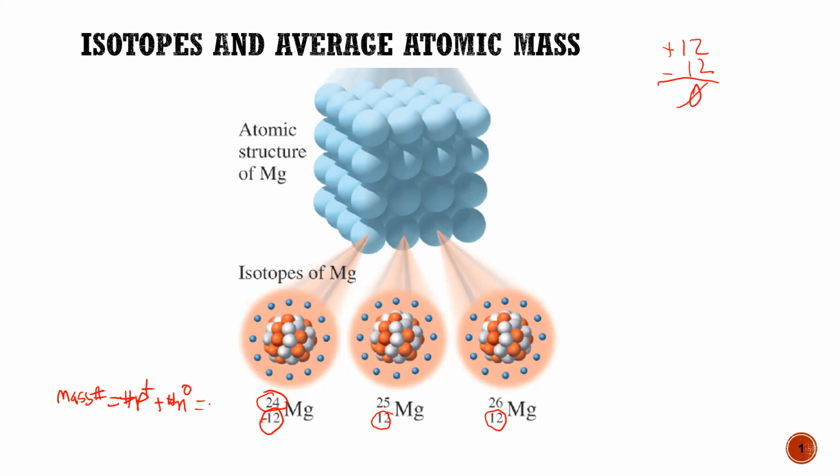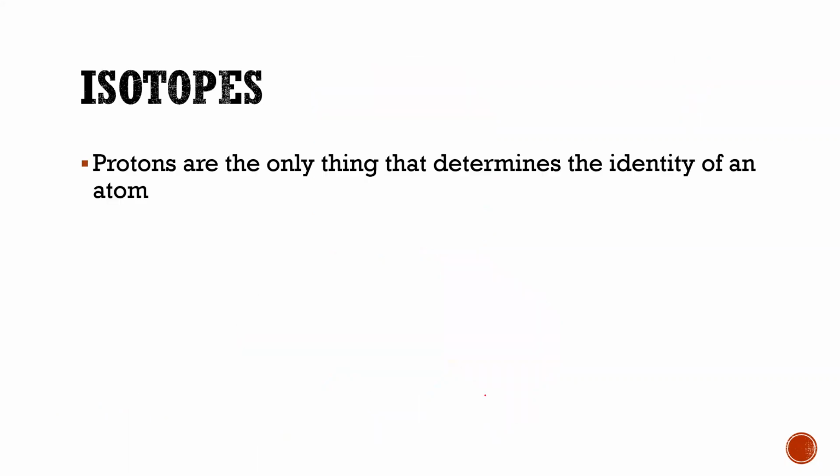So we see that all of these are magnesium because they have 12 protons and 12 electrons, but how they differ is they have a different mass number, a different number of neutrons.